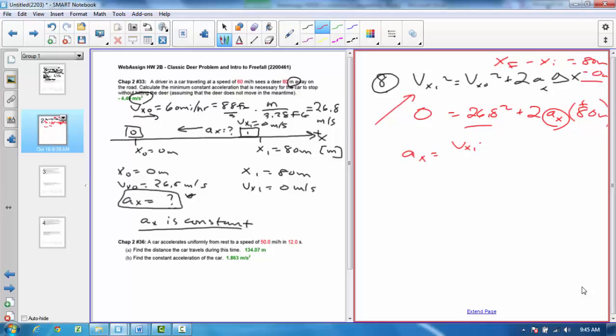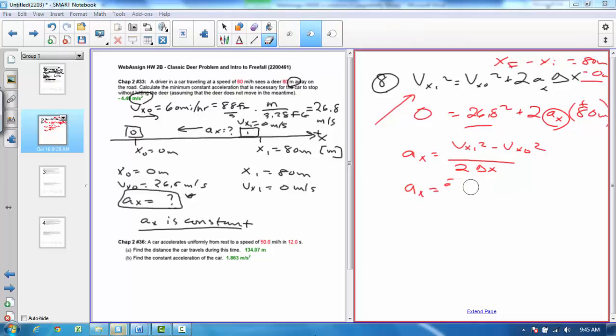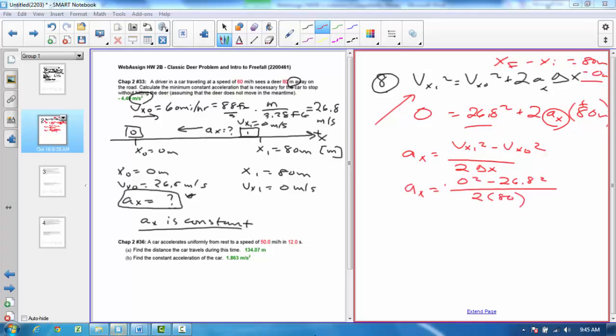Subtract the v naught squared to the side and divide out by the 2 delta x. And that's going to give you a negative in the end, right? Because that negative there is not going to get squared away.